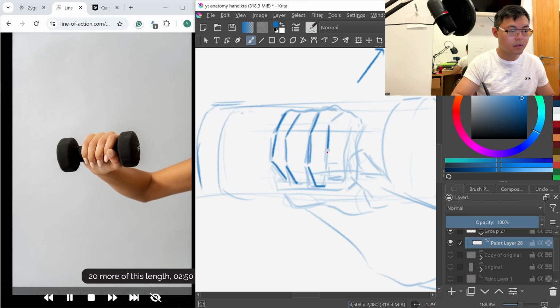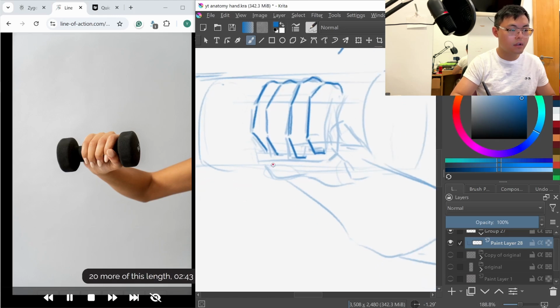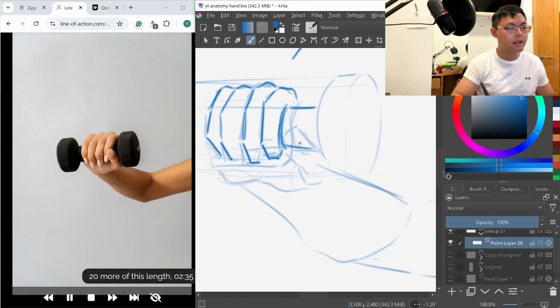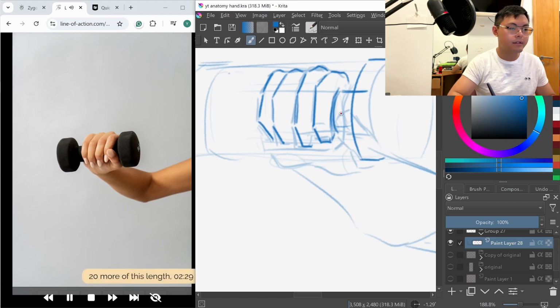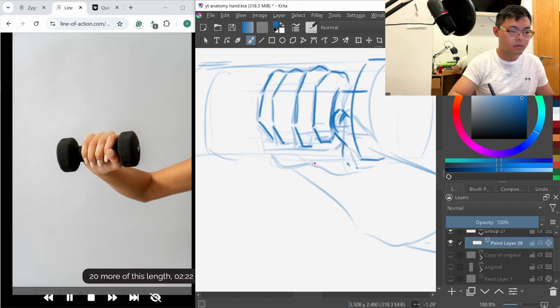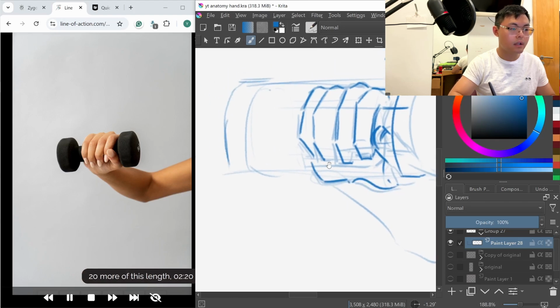And then draw that, and that's the thumb.